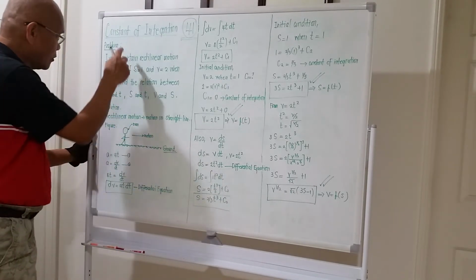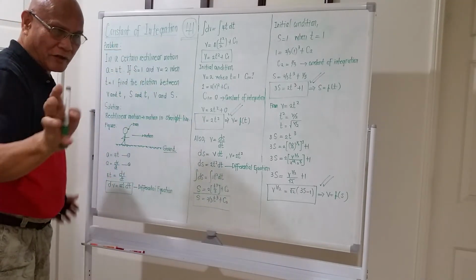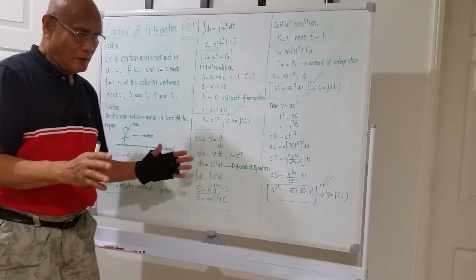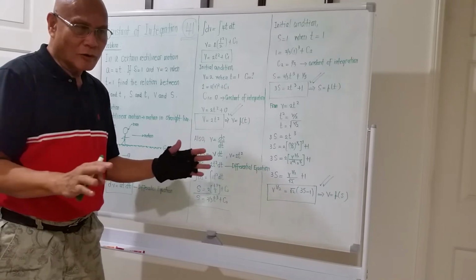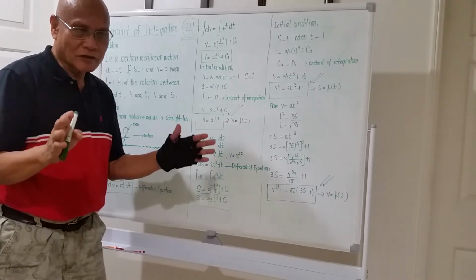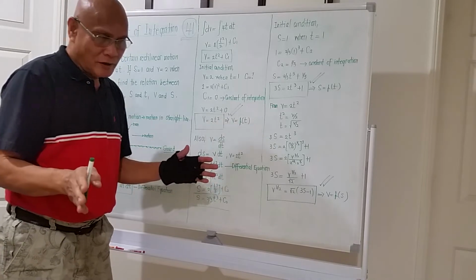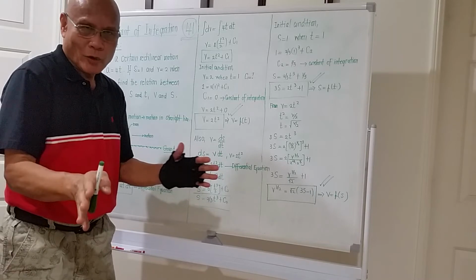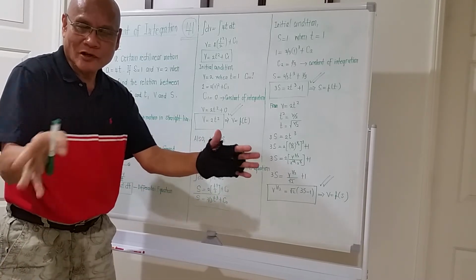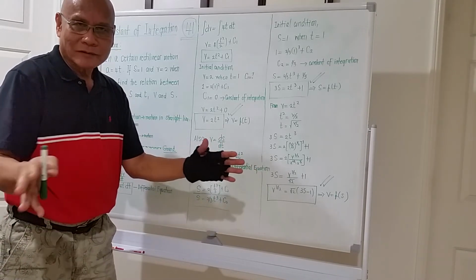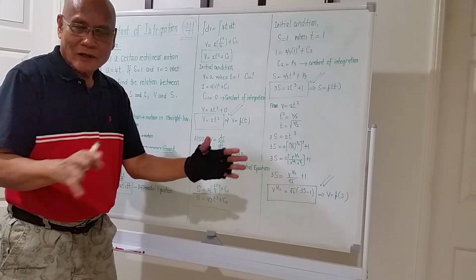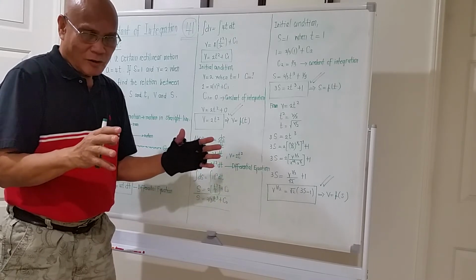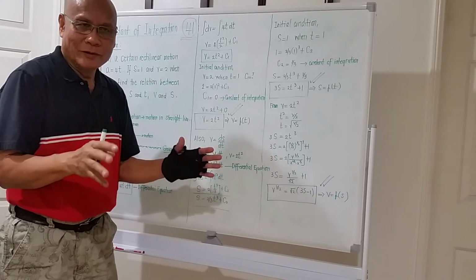The topic is still the constant of integration. What's the significance of the constant of integration in the formulation of differential equations that are needed in software applications? Because if you design software, like the apps we are using on cell phones, it's software. If you need an equation over there, the equation should have the so-called constant of integration.